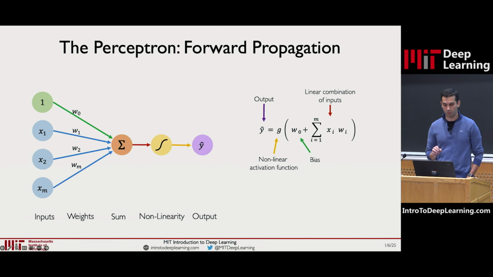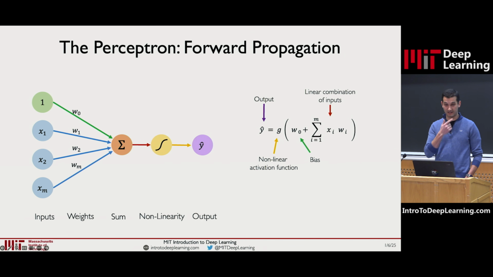After we multiply all of our weights by our inputs, we're also going to add one number called a bias term. If you look at the equation, the bias term is a way for us to shift left and right along our activation function g. So this is just a shifting scalar designed within the equation here.